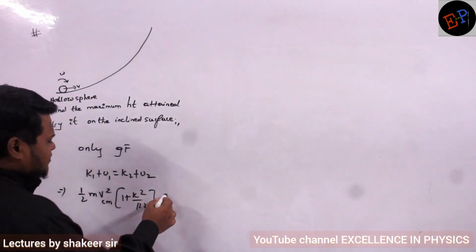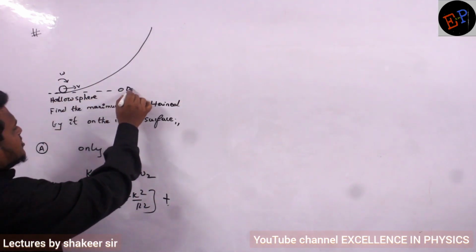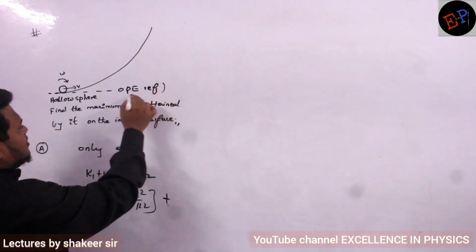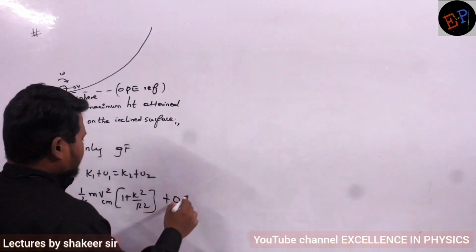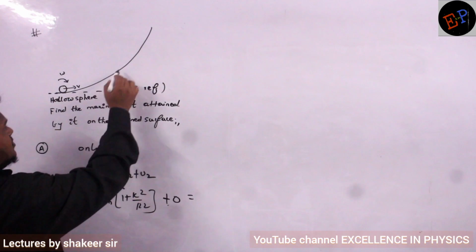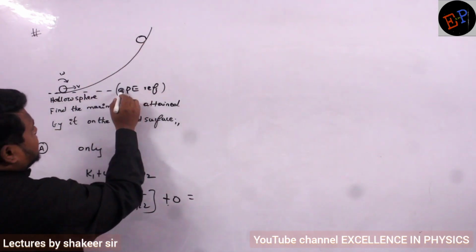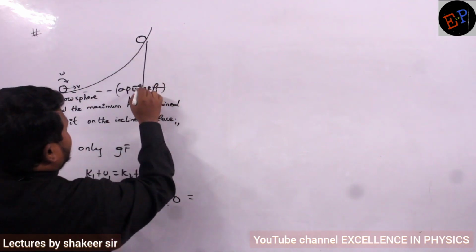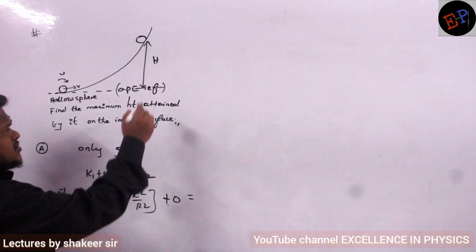Initial potential energy, I will take this one to be my reference, zero potential energy reference. Therefore, what is initial potential energy? 0. Clear now? So this is equal to final kinetic energy plus final potential energy. This hollow sphere, after some time, let us consider it reached up to here, up to a height of h. So this is the maximum height.